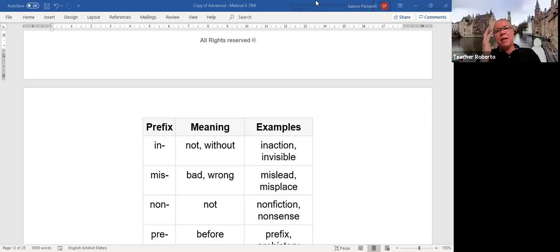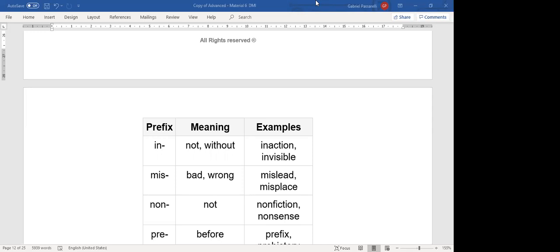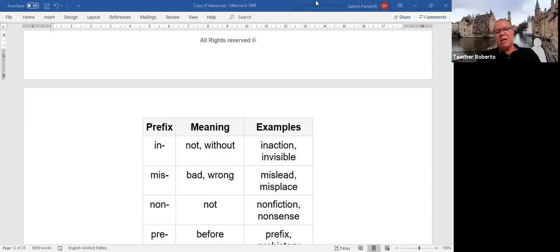Just try to remember, like mistake. Mistake is something that was not intentional. You did not do it intentionally. So it was wrong. It was a mistake. That means you took it, but it was not the correct one.